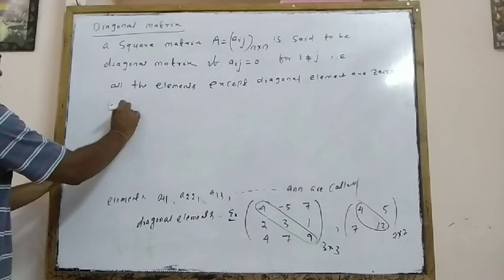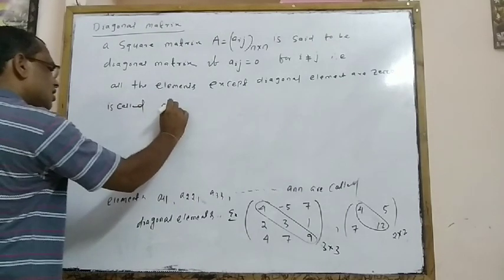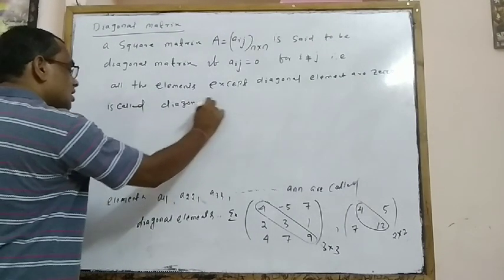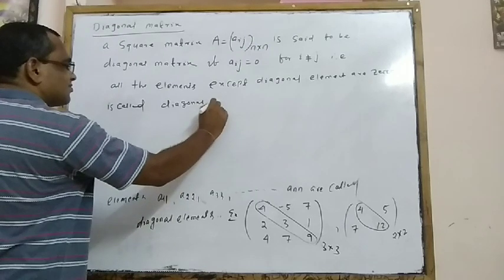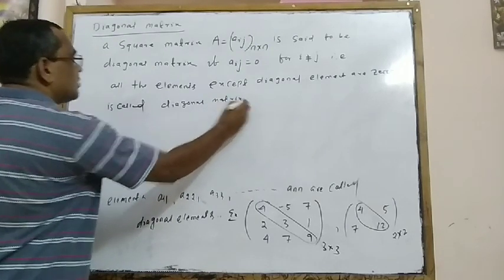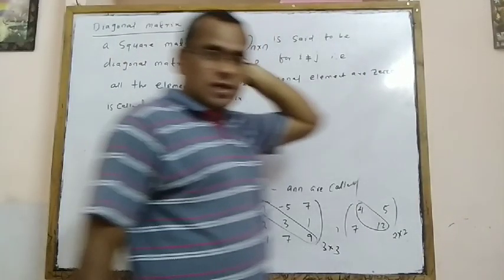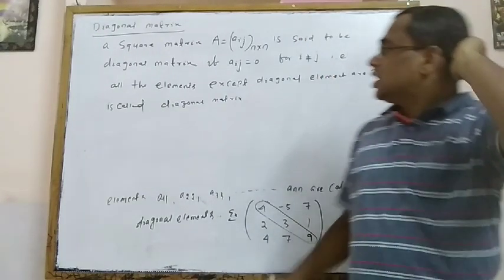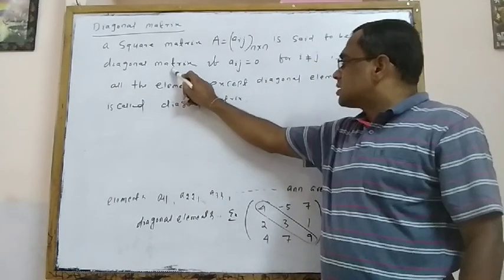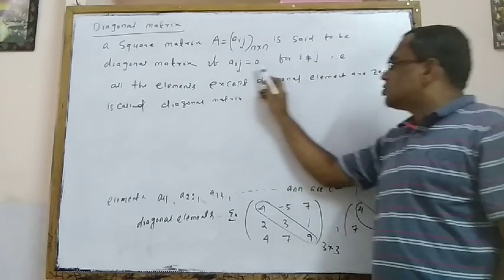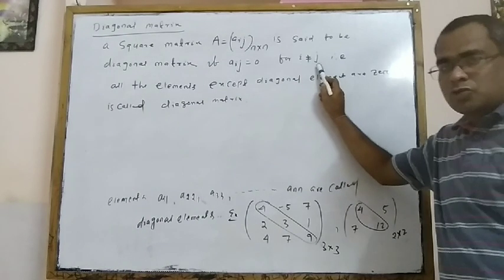So what is a diagonal matrix? A square matrix A = [aij] of order n is said to be a diagonal matrix if aij is equal to 0 for i not equal to j.